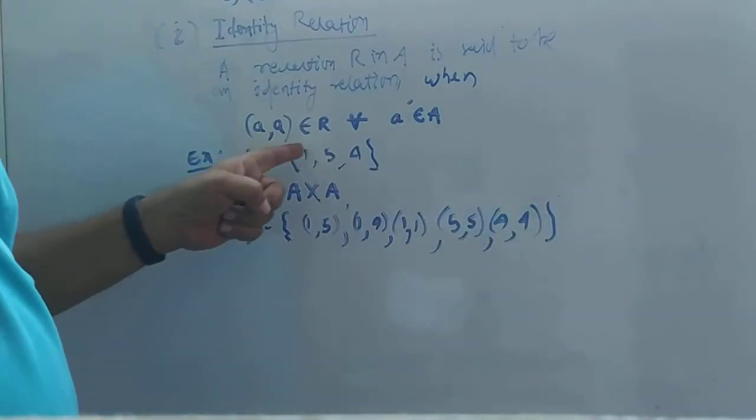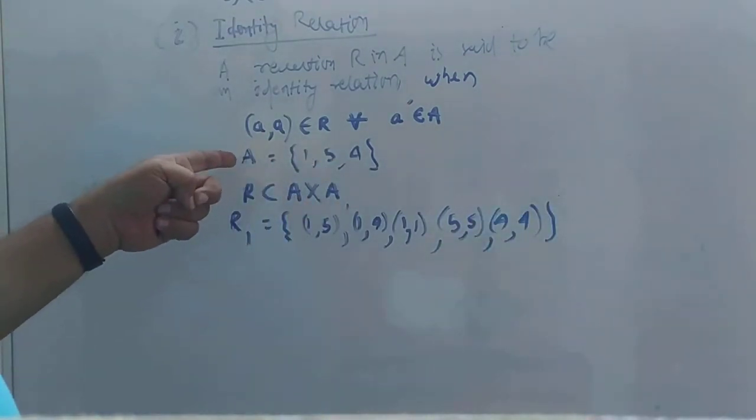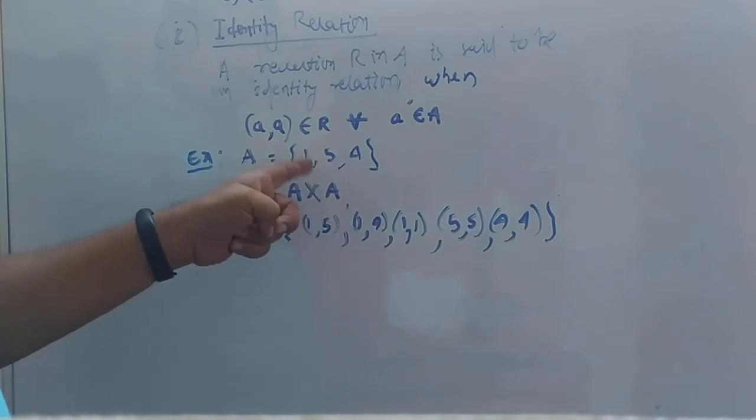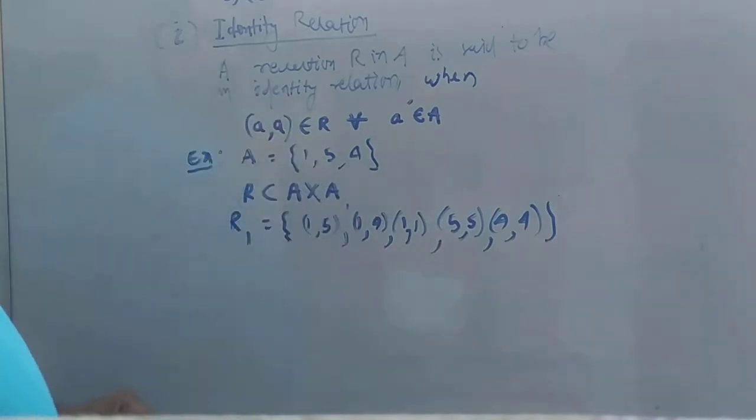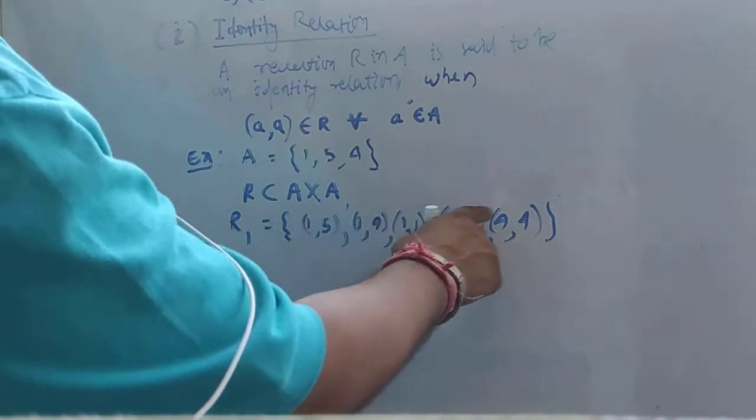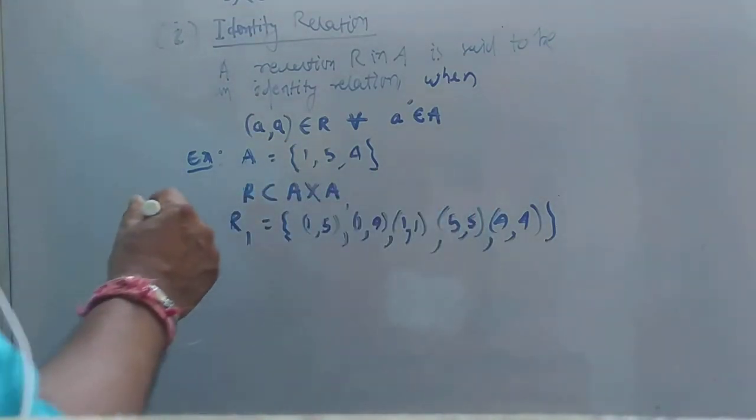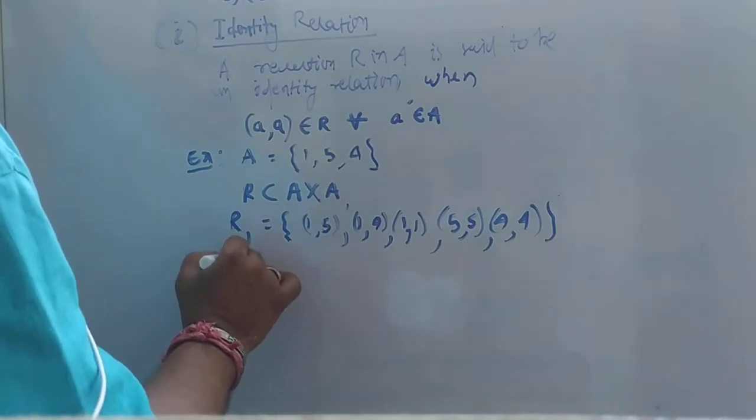As you know, there are three elements in set A. So A cross A has 3 into 3, 9 elements. So R is a subset of A cross A. Here I have taken 5 ordered pairs. Just examples.